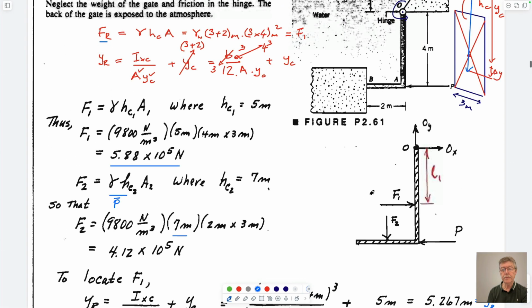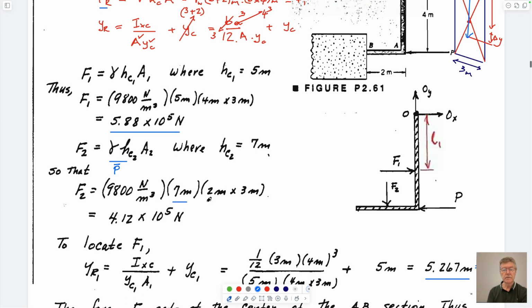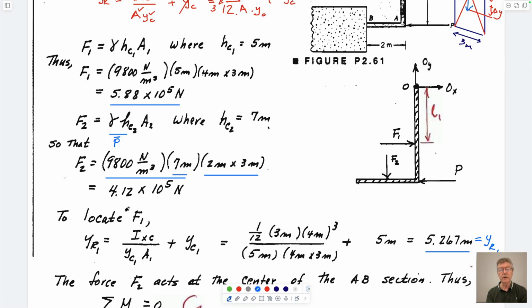The area of this plate is going to be 2 meters by 3 meters into the page, which is this here. And the unit weight of the fluid is this. So these first two terms are the average pressure, P bar, and this is the area in which it acts. And so we multiply those out, and we end up with this.